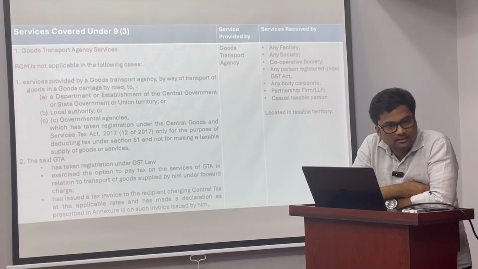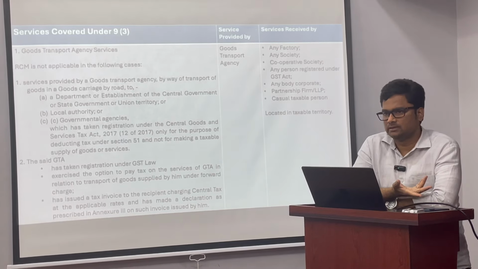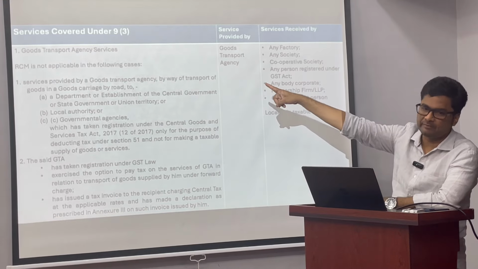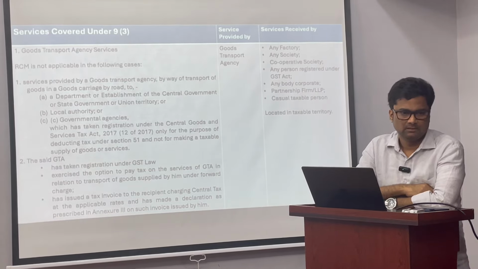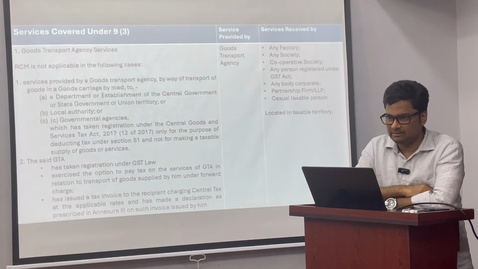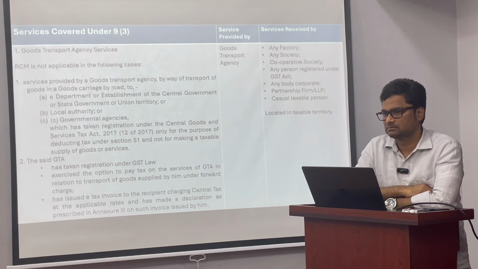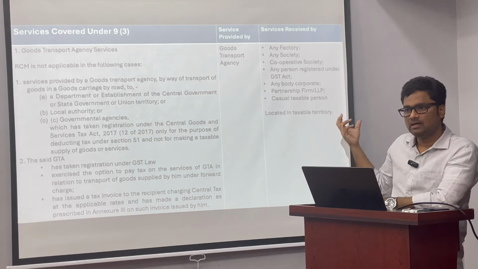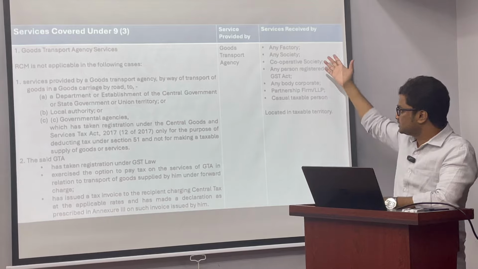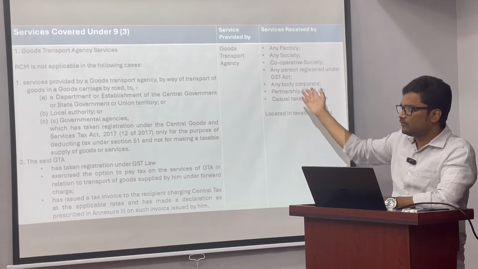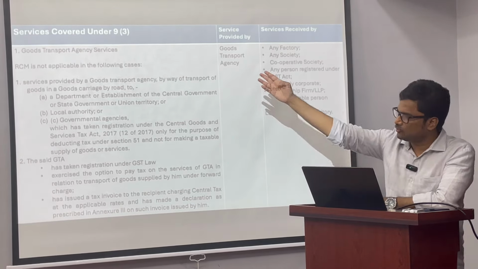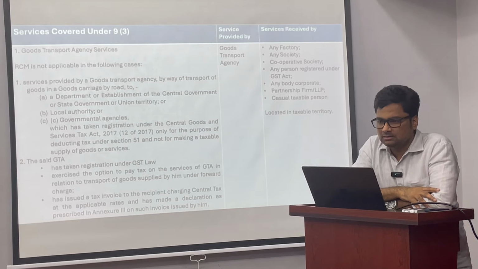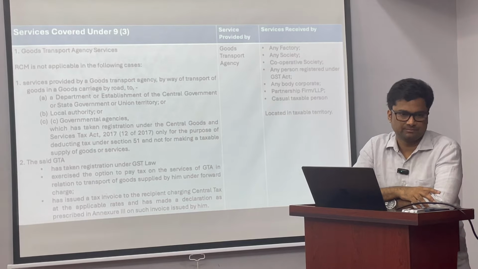RCM is not applicable. Don't think he is exempted from payment of tax. Presence of RCM doesn't mean exemption. It is shifting of liability from one hand to another. When that is not applicable, forward charge will be applicable. Now you have to pay. The GTA has to pay under forward charge mechanism.